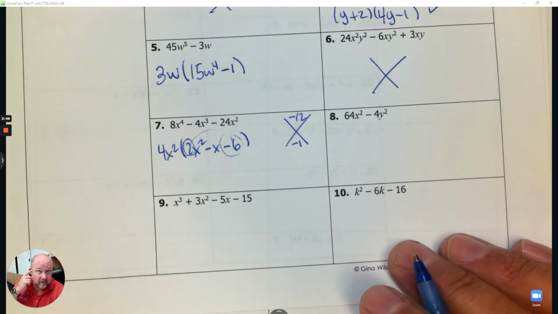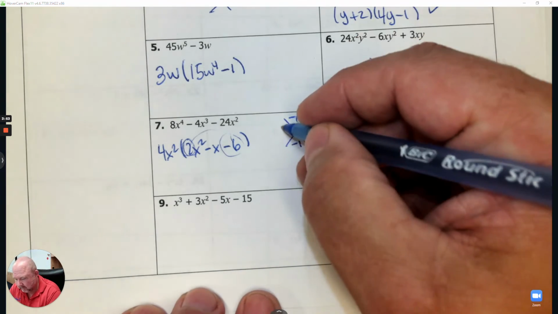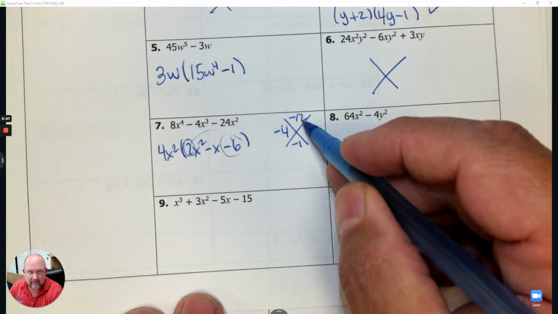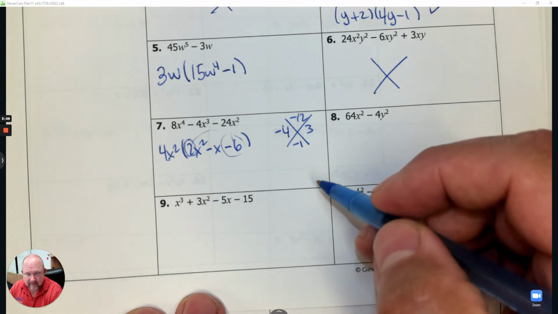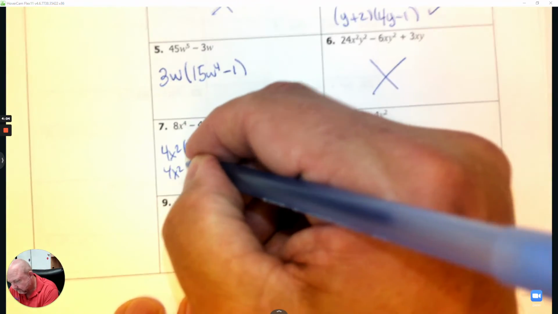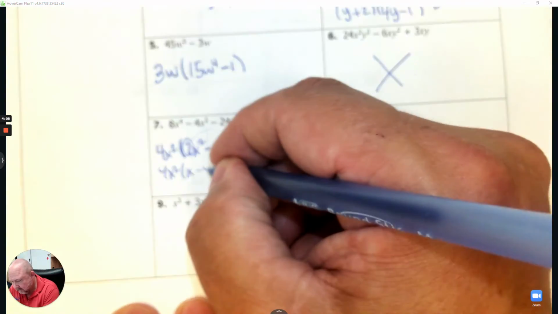I need to find two numbers that multiply to negative 12 and add to negative 1. So those two numbers are negative 4 and 3. They multiply to negative 12, and together they make negative 1. Then I'm going to write that down. So the letter minus 4, and then the letter plus 3.